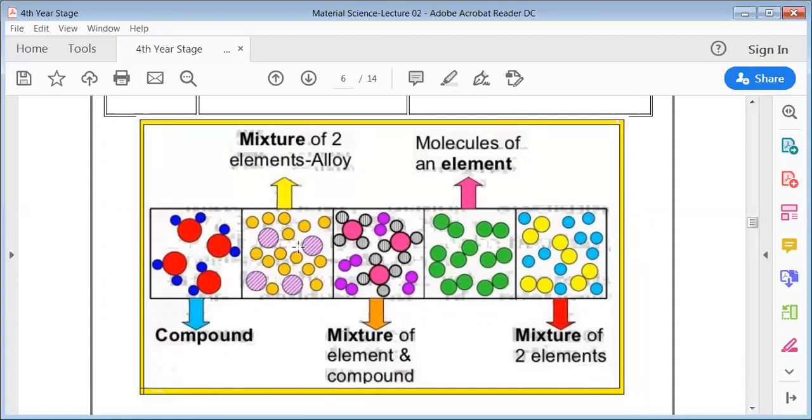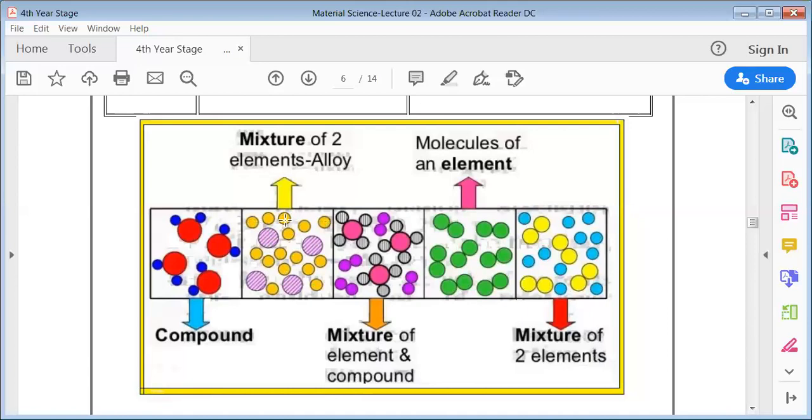Look at this one, you have these, and you have this large circle, but there is no combination between them. This is not combined with that, this is not combined. There's no combination between any two. Because this is the smallest particle and it's not combined with anything, these are atoms.